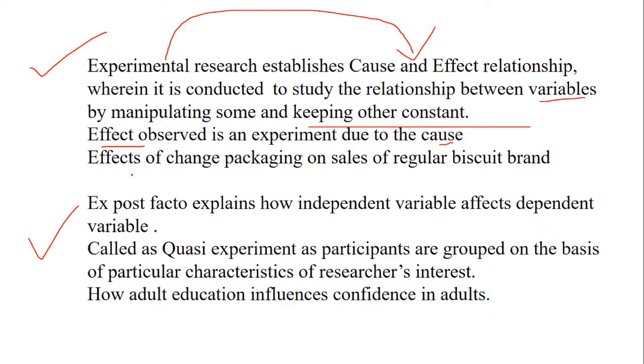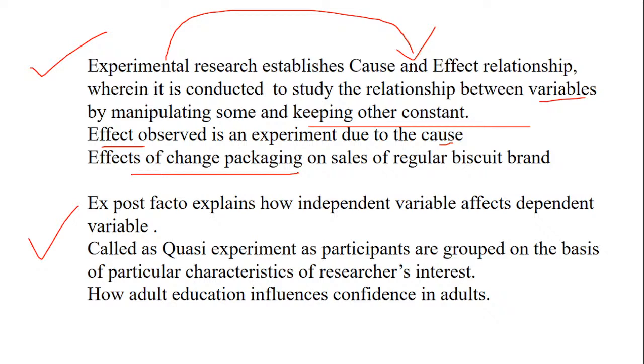It can be anything, for example the effect of inflation, or the situation of the economy due to the pandemic. So the effect of the pandemic on the economy: you can see the effect which is observed due to a certain cause, and that is studied under experimental research.